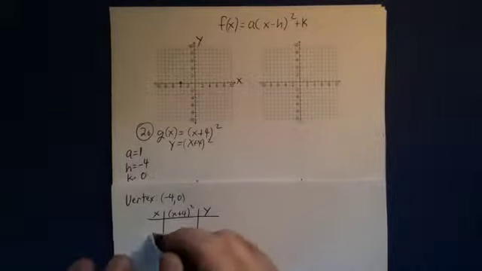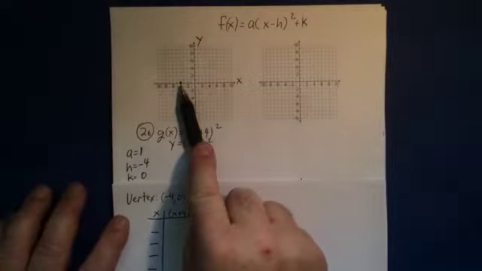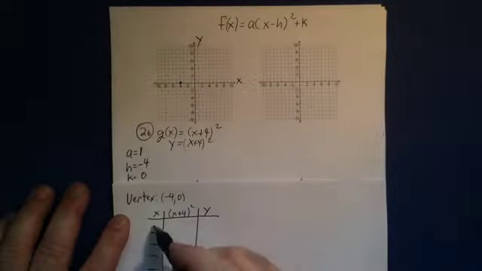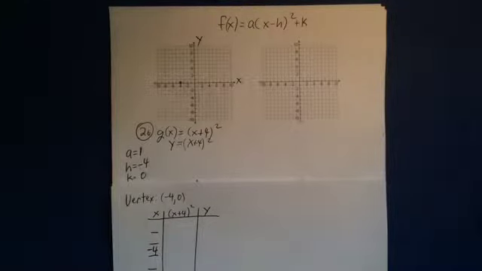So what I'm going to do here is create a place to put 5 points. Since the vertex is going to be in the center, I'm going to go down 1, 2, and 3, and I'm going to put my negative 4 here. So I want to pick 2 values just below negative 4 and 2 values just above negative 4.